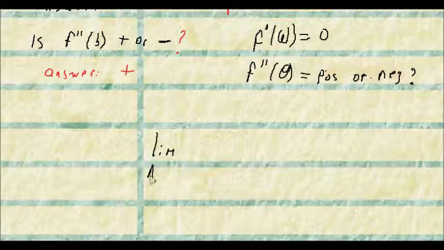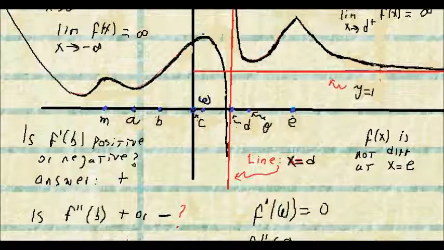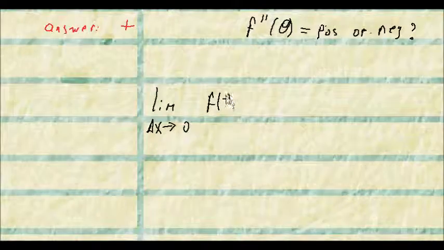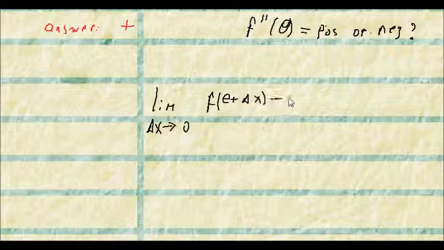So what is the limit as delta x approaches 0 of f of E plus delta x minus f of E, divided by delta x?